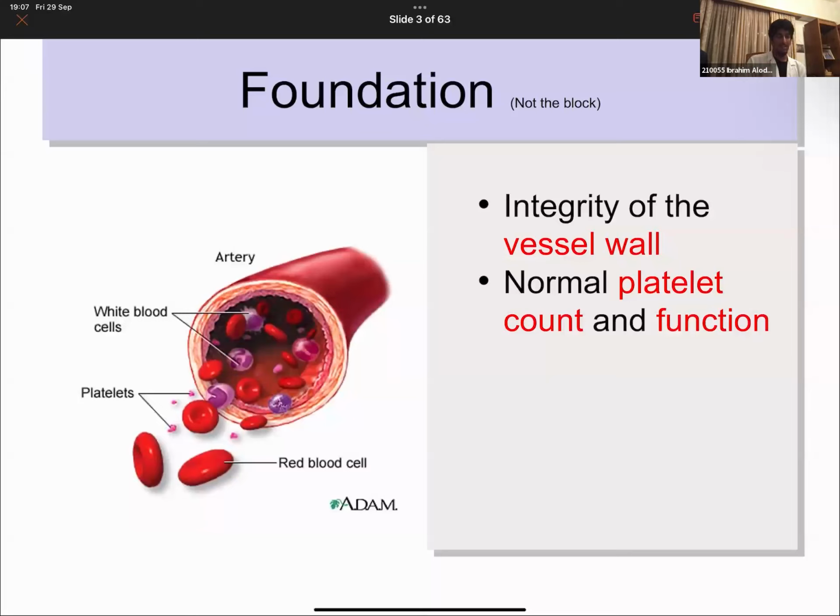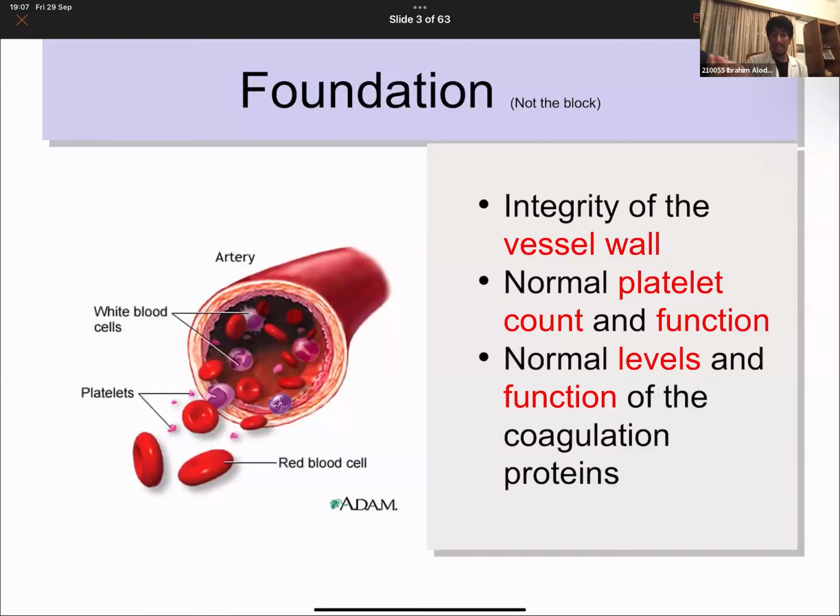I'm assuming yes. Cool. Awesome. Thank you. So you need to have a normal platelet count, but not only does the number need to be normal, your platelets need to be functioning properly in order for hemostasis to work. Last thing is that you need to have the normal level and function of coagulation proteins. And throughout this lecture, we're going to talk about what those coagulation proteins are.